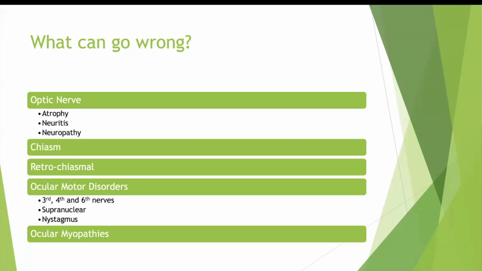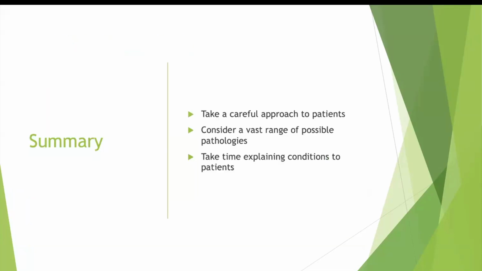So bringing everything together and putting all those puzzle pieces together to figure out what exactly is going on is really a big part of what happens in neuro-ophthalmology, where there's a lot of time taken in trying to get the diagnosis, because the management, a lot of it overlaps. Some of it is very conservative. There's not a lot of treatment for some of these disorders, and a lot of it is monitoring and counseling the patient. So taking that time to get the diagnosis right can be really essential.